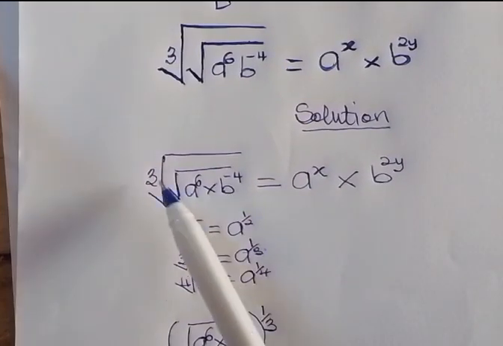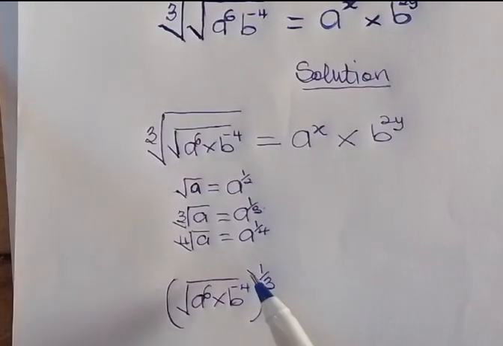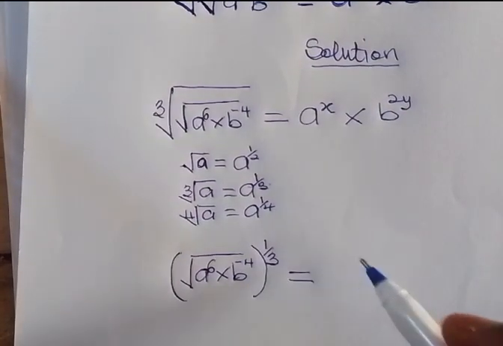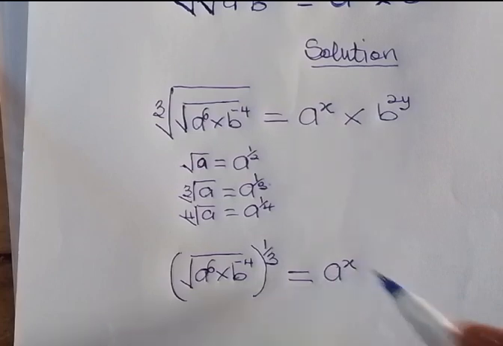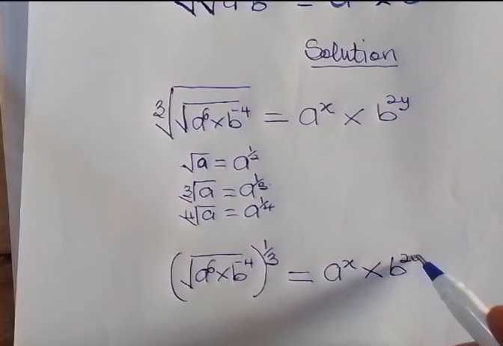So looking at the question, because we have the cubic root of all this, I can write it in this form. Then I will maintain what is at my right side. I will not change anything there.